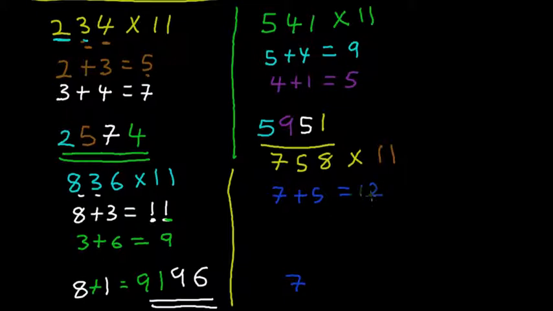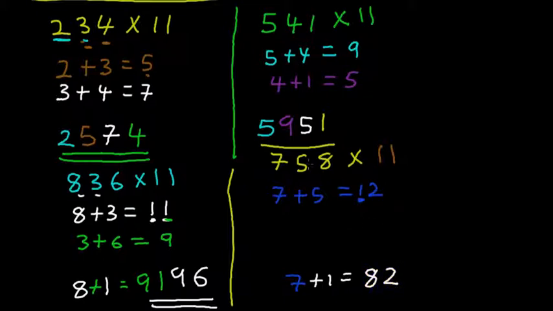Each time you have a two-digit answer as a result of adding two digits, you add whatever is in the tens to the number that you've written down before it. So 7 plus 1 gives us 8. Then you bring down the 2.